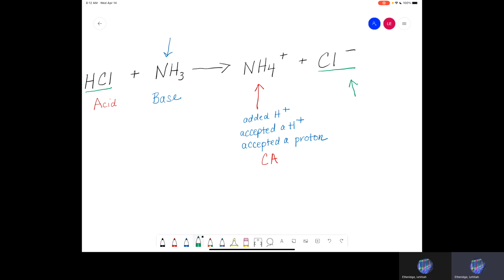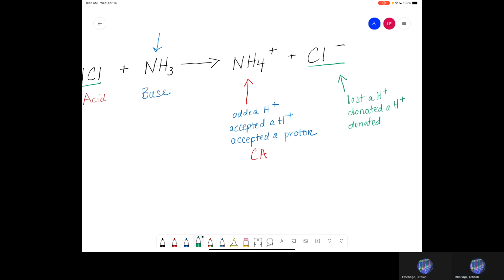The difference is I have lost a hydrogen, which means that it donated a hydrogen, aka donated a proton, and that makes it a conjugate base.